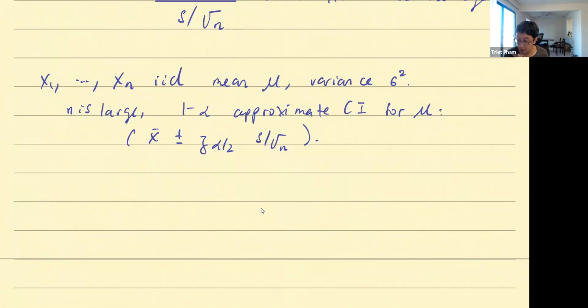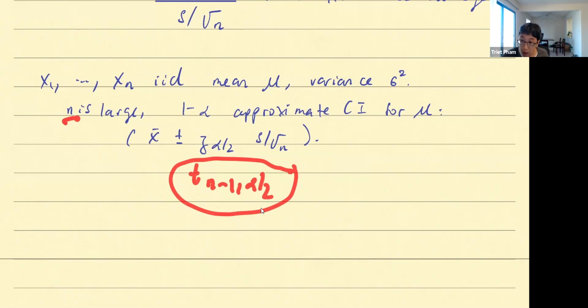But all right, let me explain why. First of all, using T here is not bad, but there's no call for it. And also it actually shows that you don't quite understand the problem. The reason why using T here is not too bad is because when n is large, the T distribution is close to a normal distribution. So whether you use Z or T here doesn't really matter, okay?